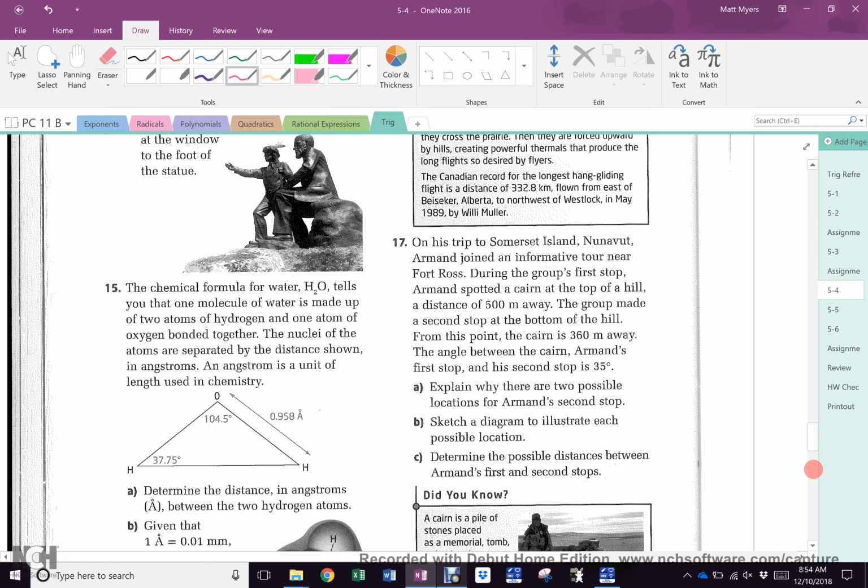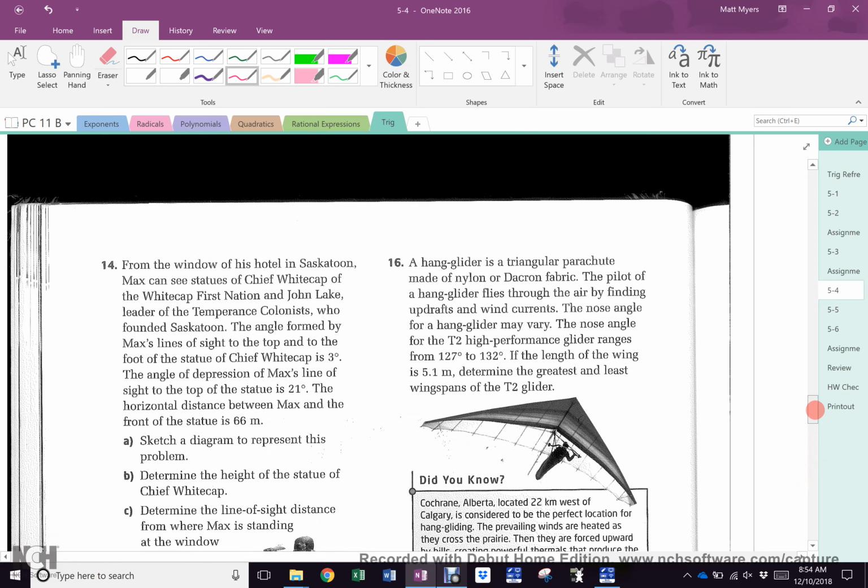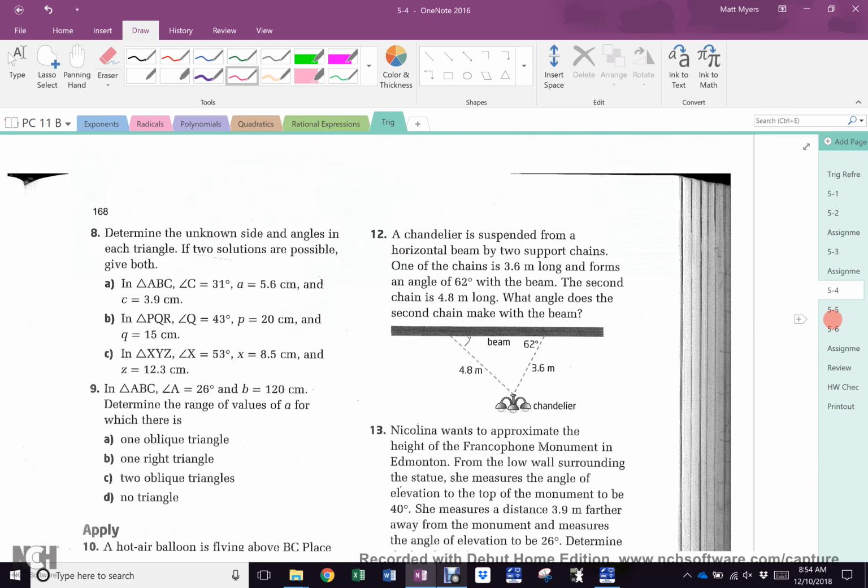Anybody want to ask about any of them? I mean, really, it's just grade 10 trig, right? Except now you can do it with every triangle.